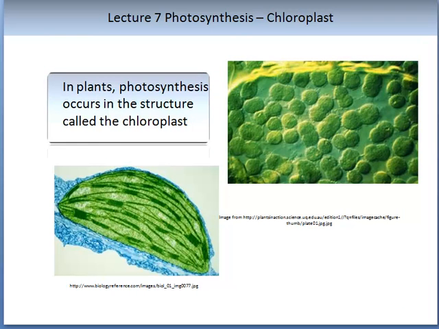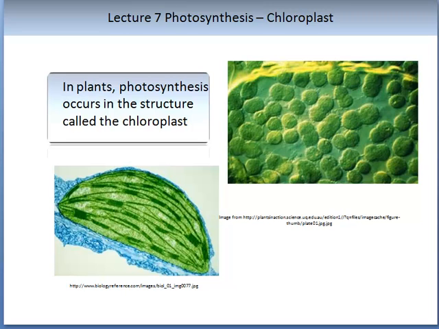In today's lecture you will learn about some of the structures which enable photosynthesis to occur. The first structure you should become familiar with is the chloroplast. Here we have an image on the screen of lots of chloroplasts. These green pieces are lots of chloroplasts in one cell.